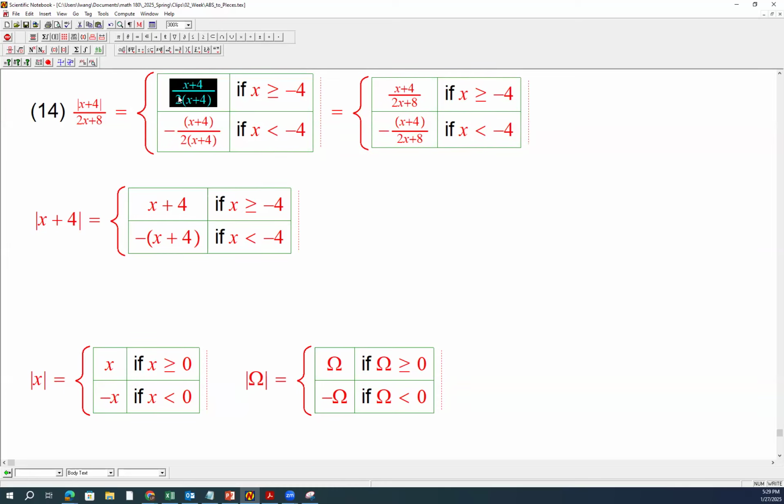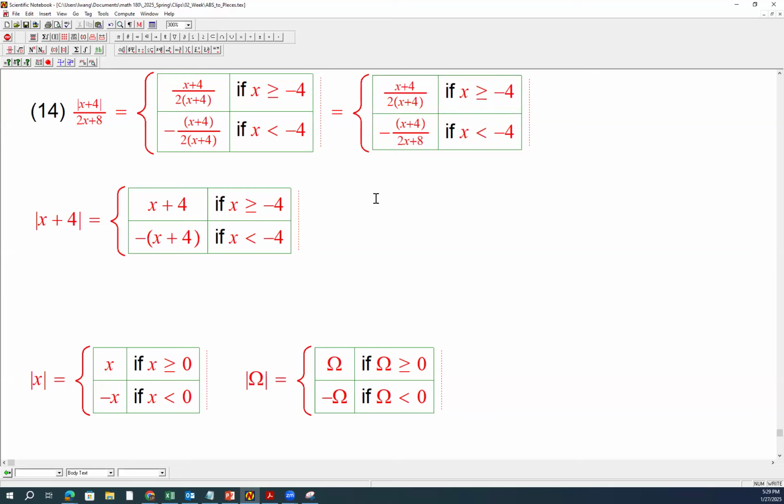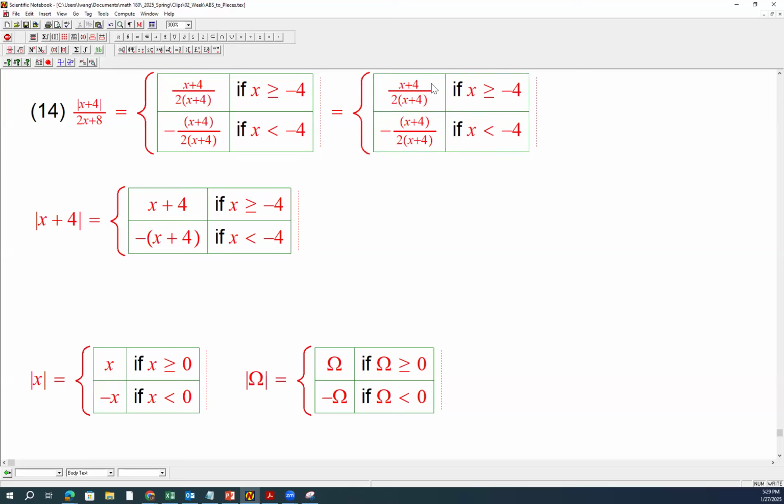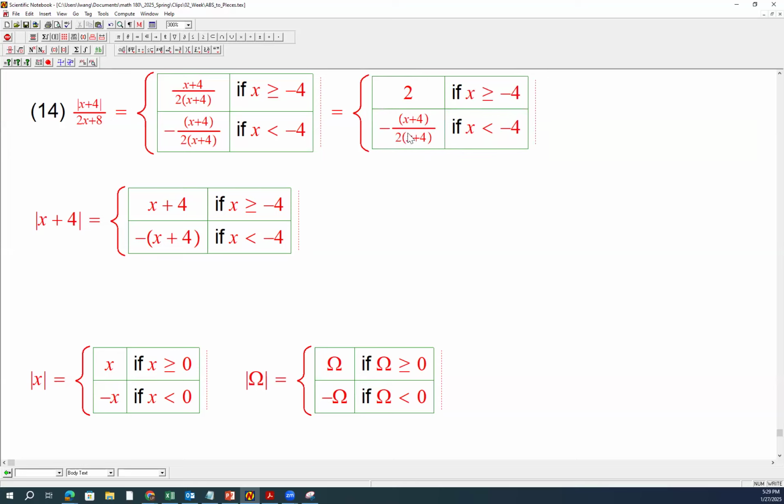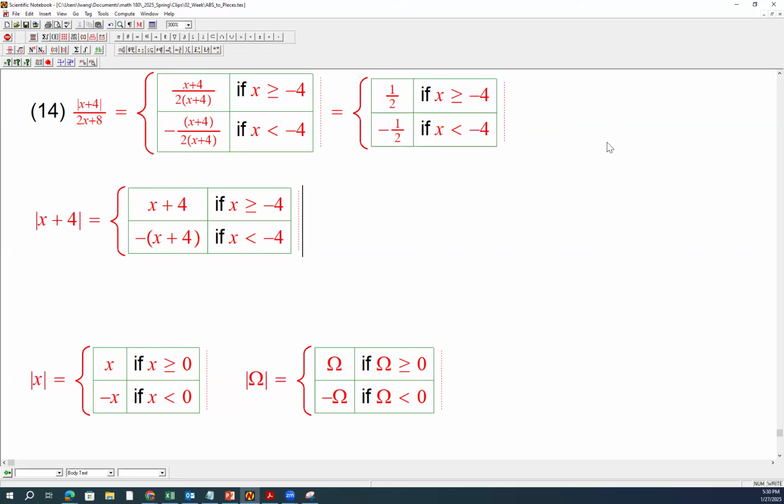So this is 2 times x plus 4, and x plus 4 reduces, so this is going to be 2, no, sorry, 1/2. My bad, 1/2. Because the 2 is under, x plus 4 and x plus 4 will be reduced. So this is going to be negative 1/2. I hope you got that.